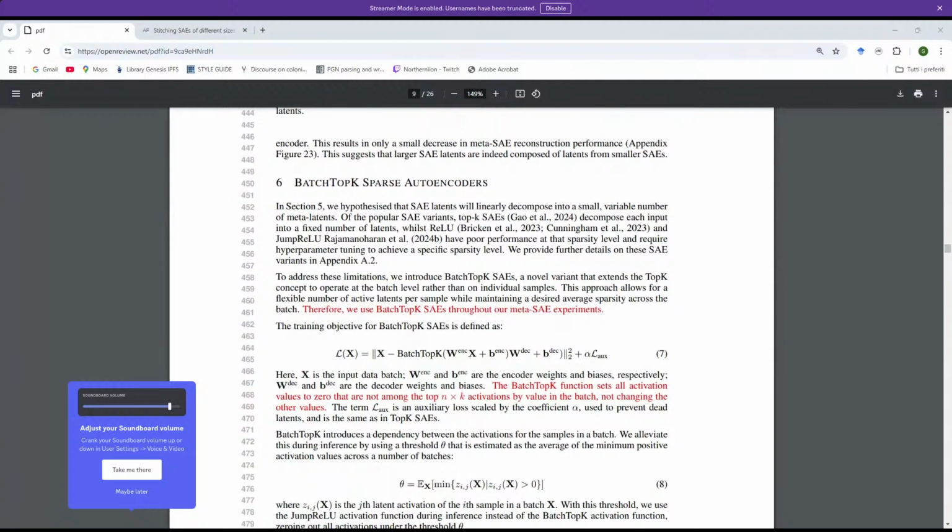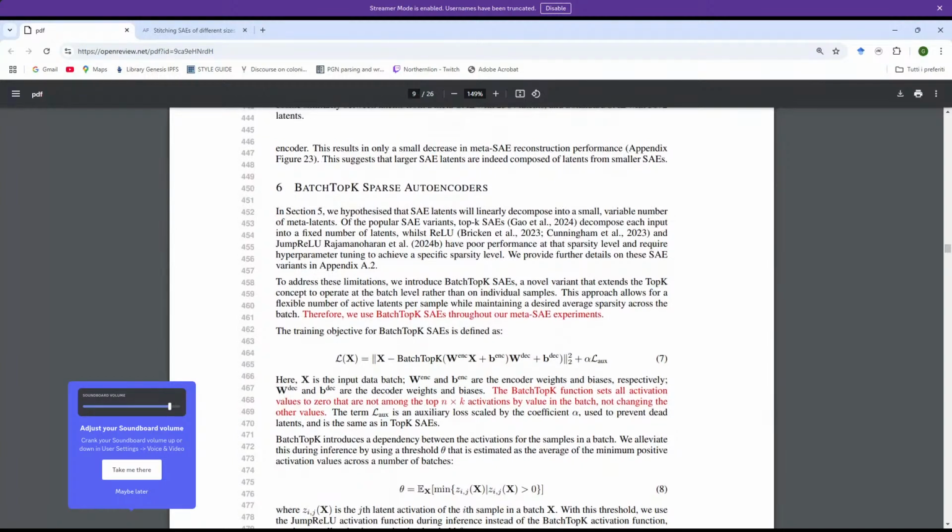Sorry, I put a question in the chat. Oh, yeah. I'm not sure about it. The justification to do batch top K is that it feels for us humans that maybe you don't need to always have K latents for any token, and that maybe you could use more latents for some tokens and fewer latents for other tokens.